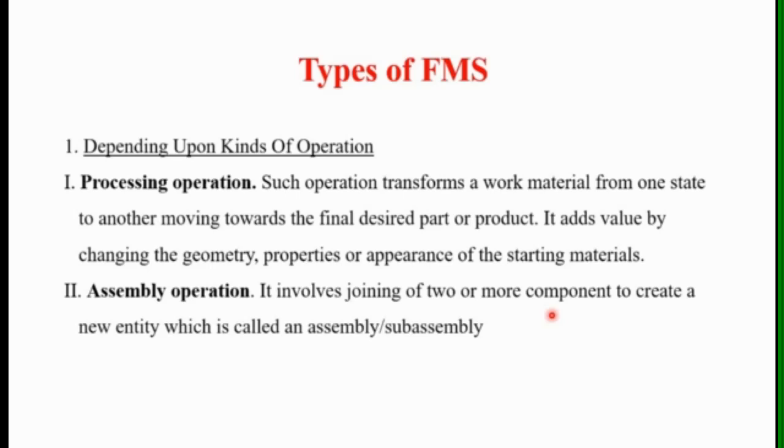It involves joining two or more components to create a new entity, which is called an assembly or sub-assembly, as we see in automobile industries, in pump assembly lines, or in compressor assembly lines. These components and sub-assemblies are assembled to form a new component. So this type of FMS is called assembly operation.